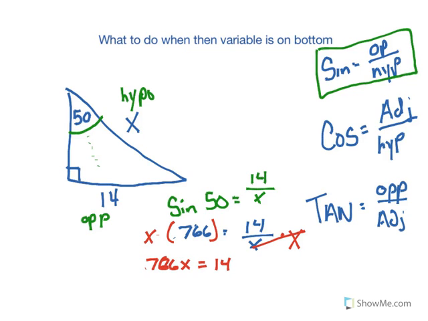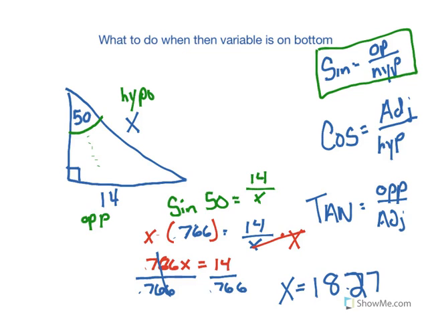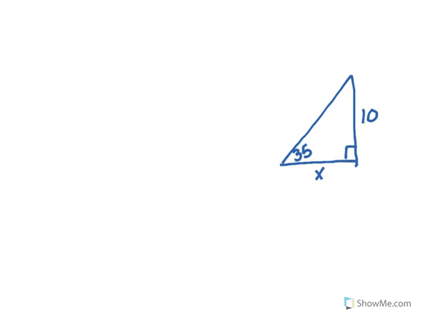The last step is to divide by 0.766 to get x by itself. 14 divided by 0.766, and I get 18.27-ish for that hypotenuse. And that is how we use trig to find a missing side.